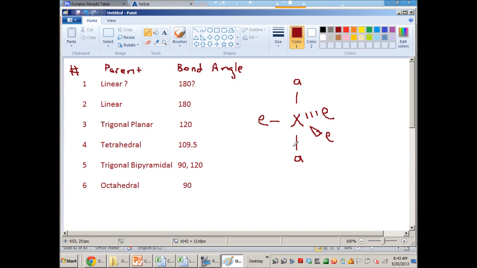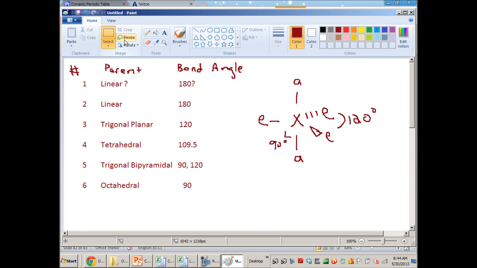And this A forms a 90 degree angle with the plane of these equatorial substituents and the central atom. And in between these different equatorial substituents, there's a 120 degree angle. So this is a 90 degree angle, and this is a 120 degree angle.